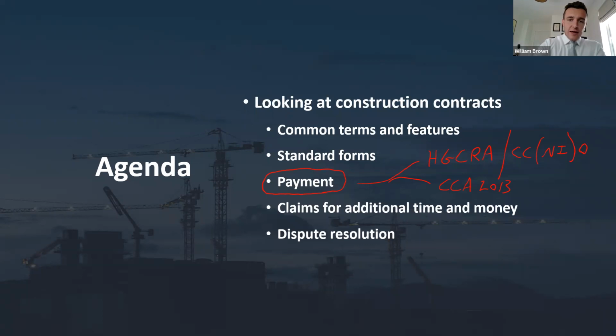Then we will briefly look at making claims for additional time and money. I'm going to look at that in detail because that is one of the aspects of construction that does typically get quite contentious. So understanding what gives rise to entitlements, how you should notify them, and ultimately how you should prove them is of paramount importance for everybody in the audience.